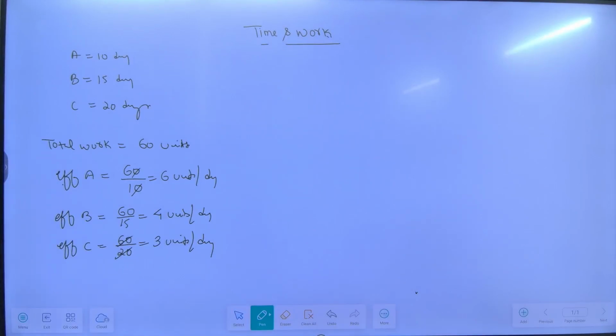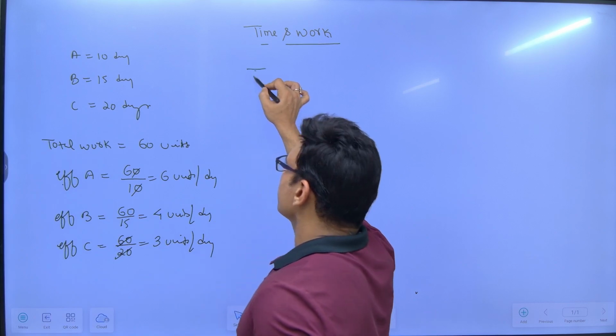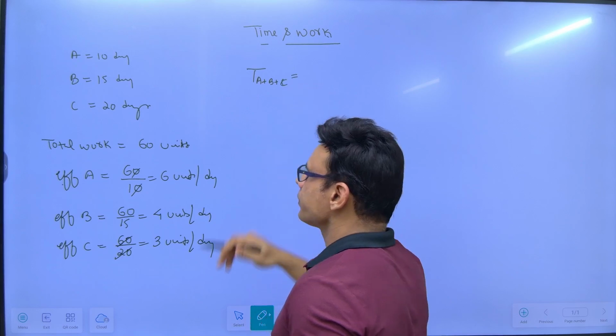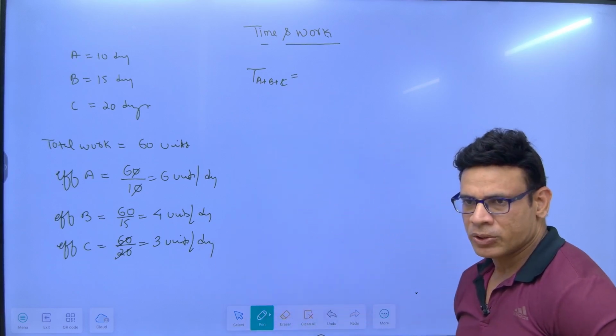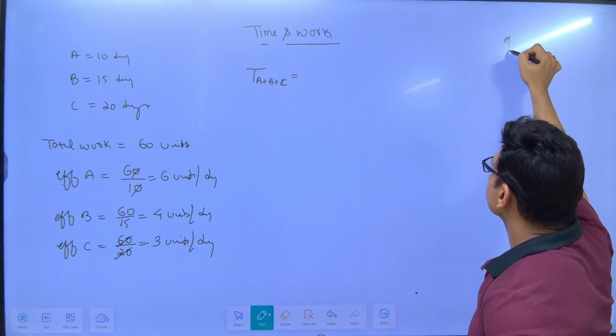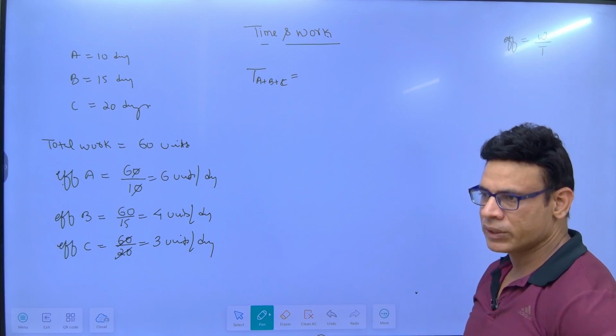So if together they want to do this work, in how many days will the work get done? So I have to find out the time taken by A plus B plus C. So time is always equal to what? Efficiency is work upon time. So time is equal to work upon efficiency.